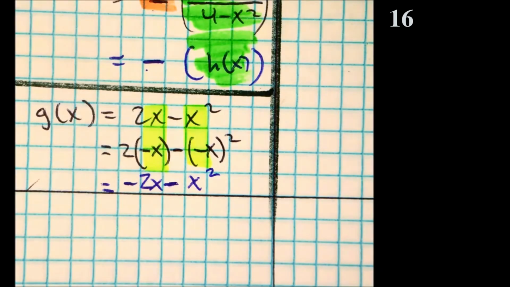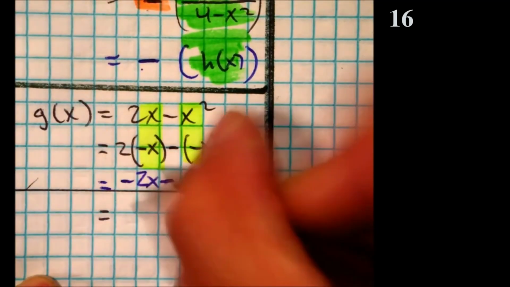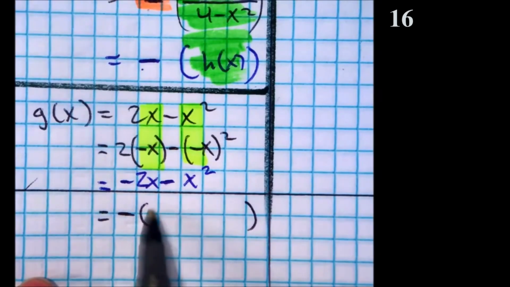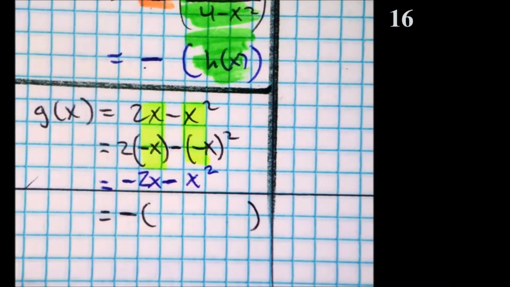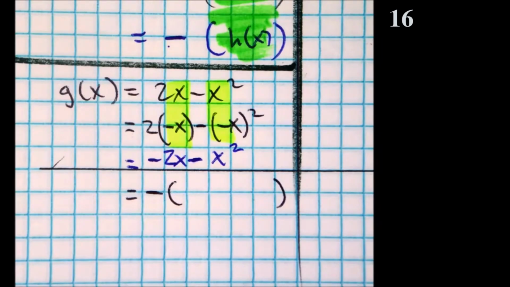Okay, here you might need to factor out a negative. Everyone say factor out a negative. 20 seconds. Write something in this parentheses. Remember, you can always check it by distributing. Partner B, tell partner A what you're writing in the parentheses.